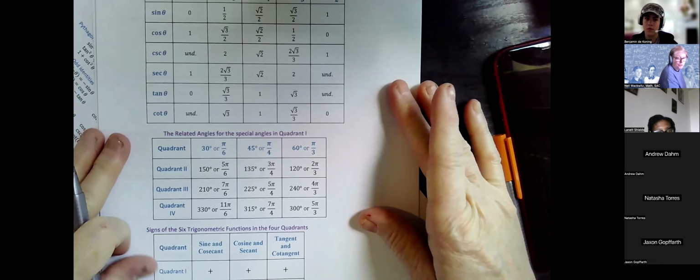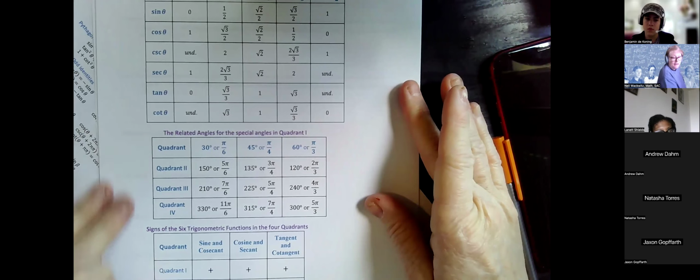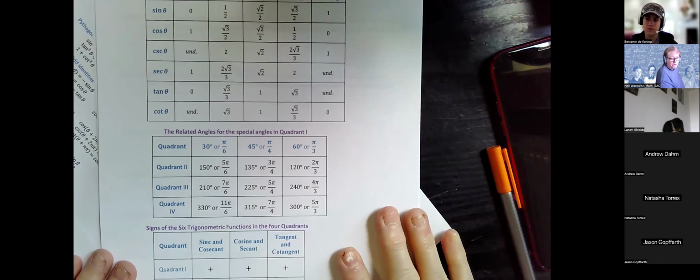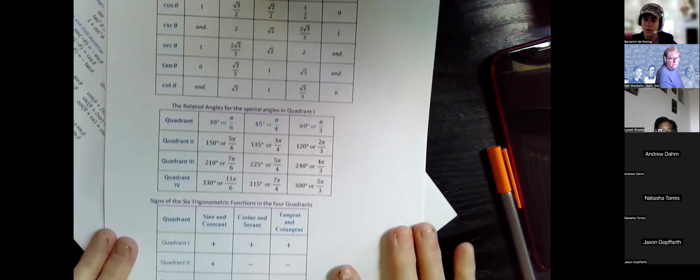And then I went through and wrote out the related angles. So for pi over 6, in quadrant 2, you have 5 pi over 6. In quadrant 3, you have 7 pi over 6. In quadrant 4, you have 11 pi over 6. For pi over 4, in quadrant 2, 3 pi over 4. Anyway, it just continues. So I thought maybe that would be helpful to you.